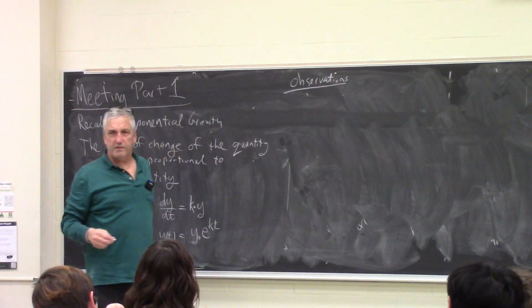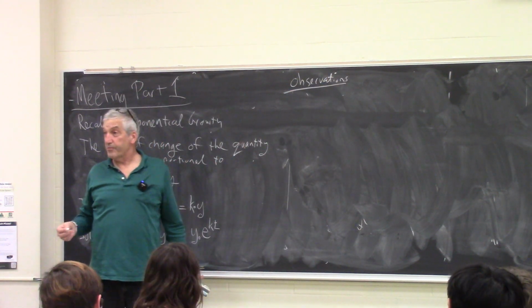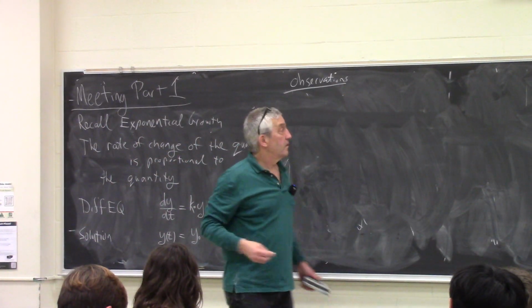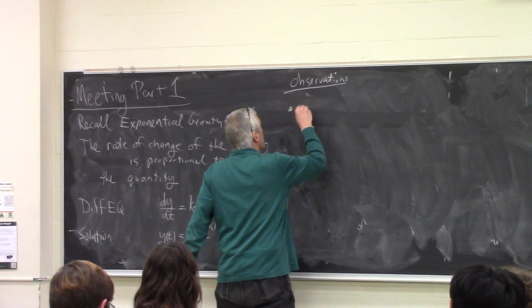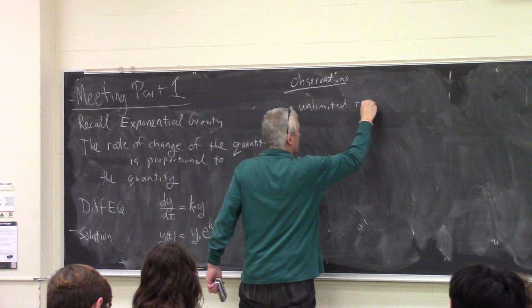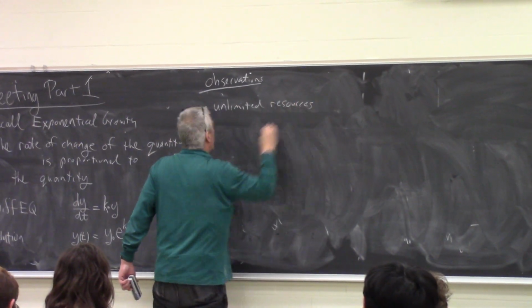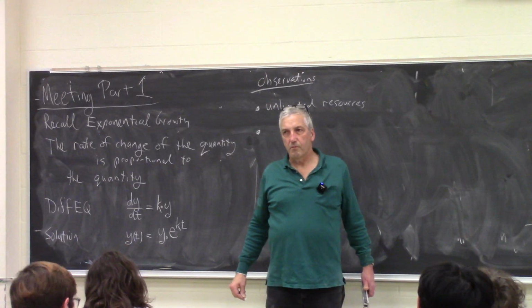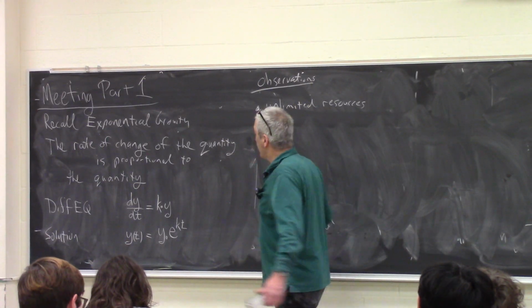First of all, this describes a situation where there are unlimited resources. So there's no inhibition to the growth. Another thing to observe is the constant function y equals 0 is a solution.